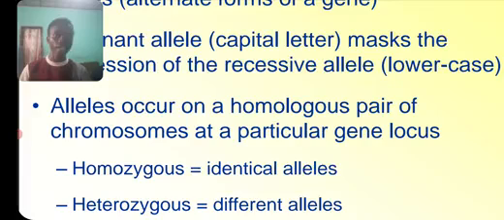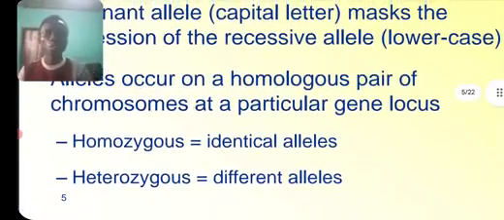Those are the alleles of the genes. On the homologous pair, one chromosome can have a dominant allele and the other can also have the dominant allele, so it can have a capital T in the same position, or we can have a capital T and a small t on the other chromosome.